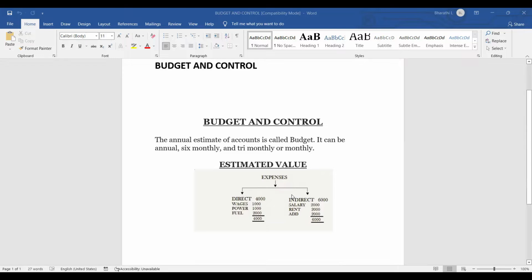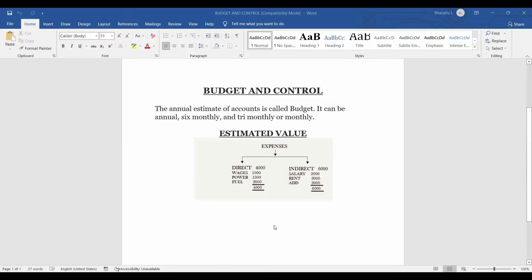Budget means estimation. So here is one example I mentioned, an estimated value. I have estimated our company expenses, like direct expenses, how much is going on, and indirect expenses, how much is going on. So this is our expenses estimation.